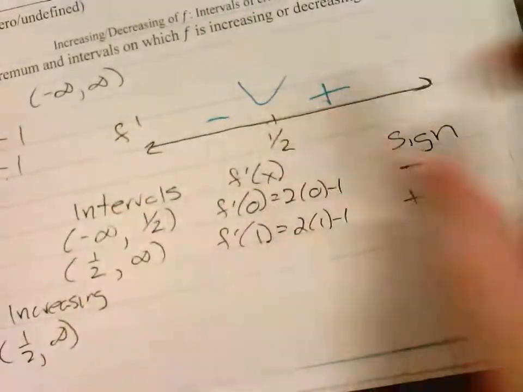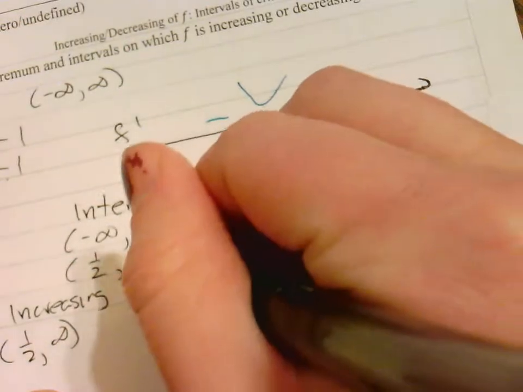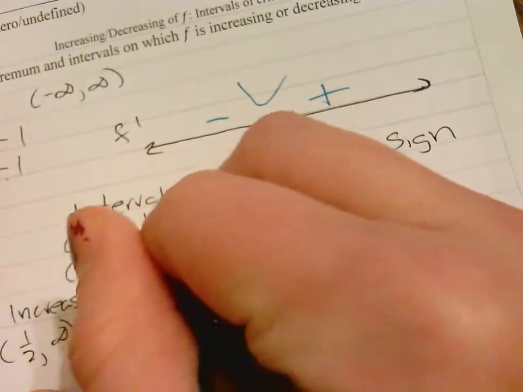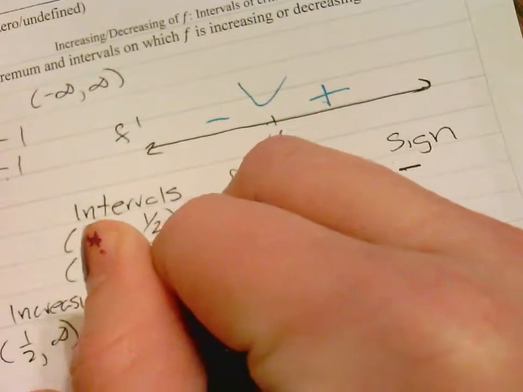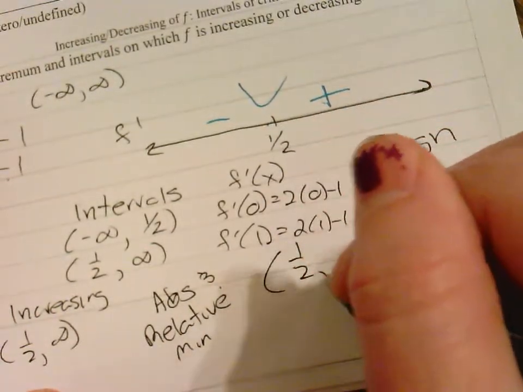So the absolute and relative minimum is going to be at 1/2, f of 1/2.